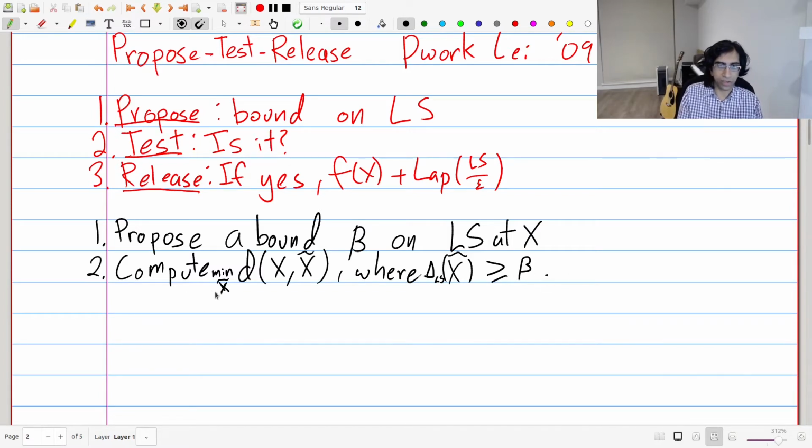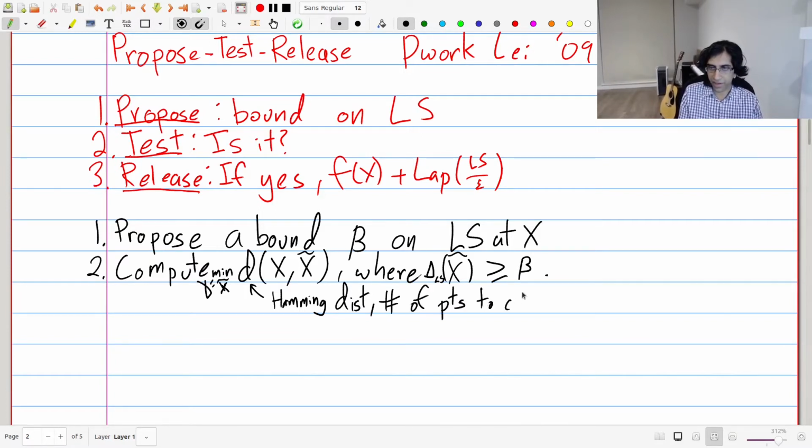And so we're going to let gamma equal this quantity: the minimum distance to any data set which has high sensitivity. And here we're going to use what distance? Maybe this wasn't quite clear, but this is going to be the Hamming distance, which is the number of points you have to change to get from one data set to the other.